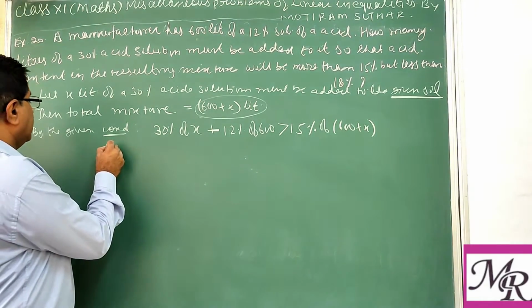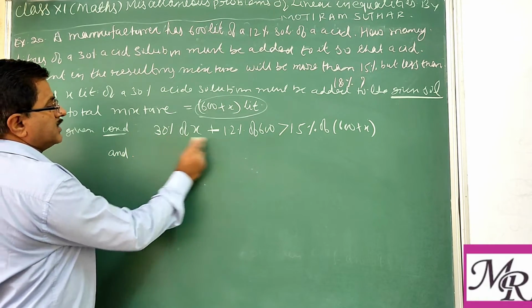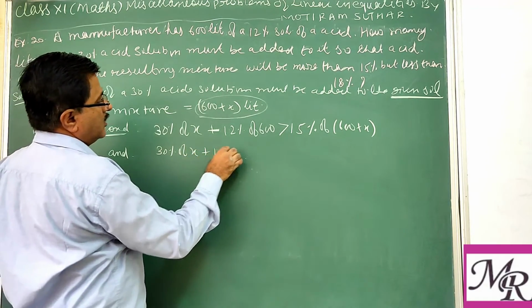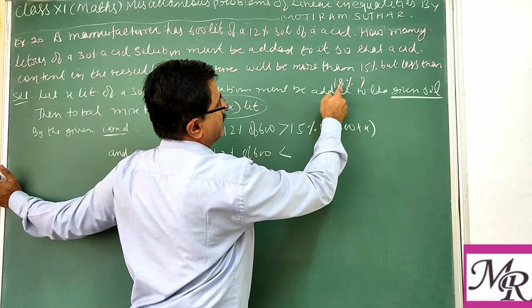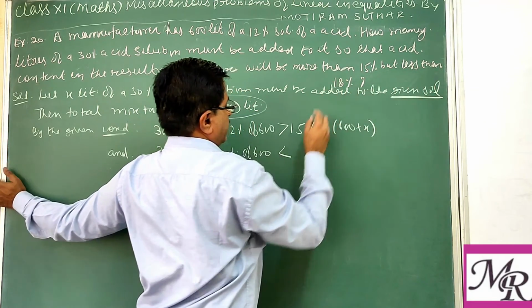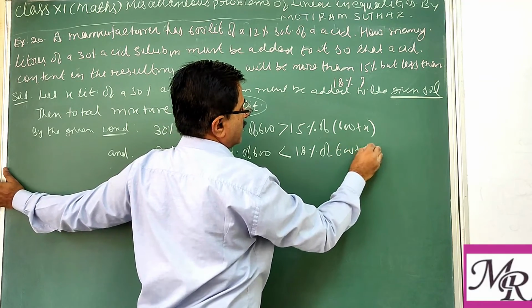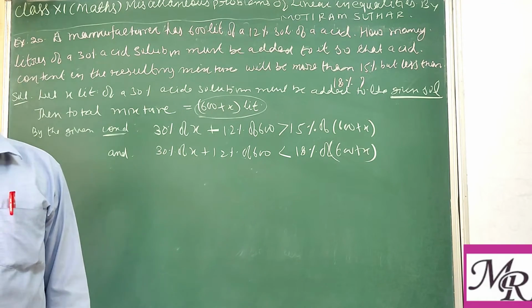And what does the second say? Again the mixture, 30% of x plus 12% of 600 should be less than 18%. This is less than 18. Now there are two inequalities you can easily solve.